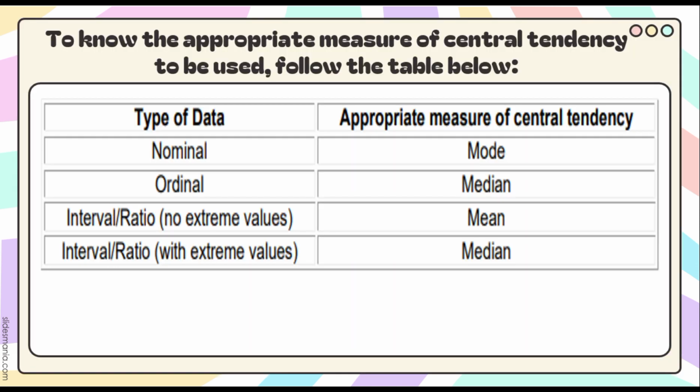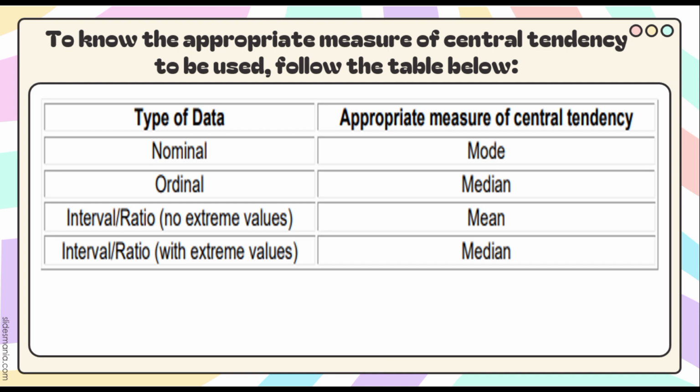In addition, to know the appropriate measure of central tendency to be used, follow the table below. We have here the guide. For the type of data, if our type of data is nominal, I know you are familiar with this one since it was already discussed in module 1, right? If our type of data is nominal, the appropriate measure of central tendency to be used is the mode.